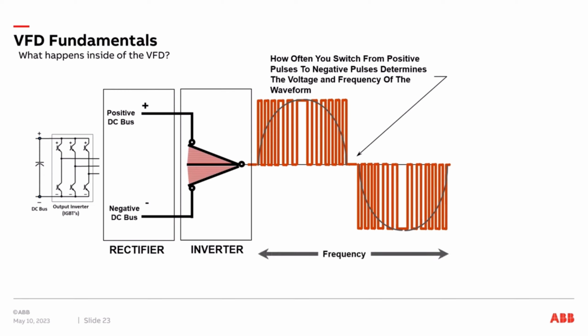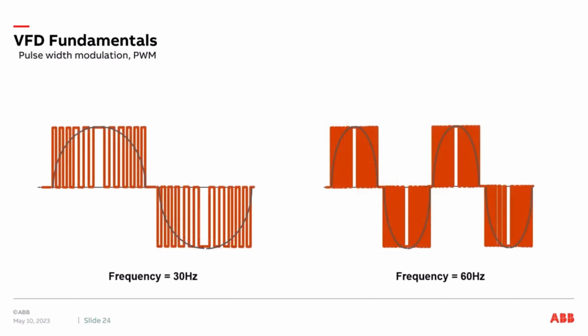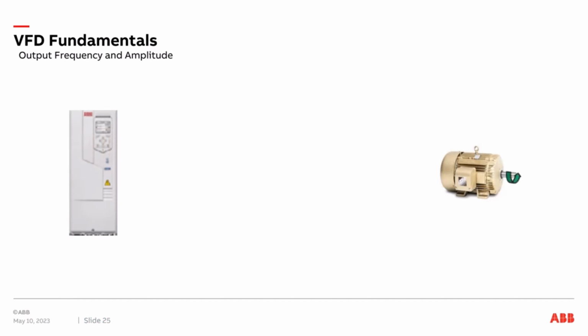So we have our frequency, which is based on the x-axis, and our voltage on the y-axis. Now a frequency of 30 Hz is half the frequency of 60 Hz. Remember, 60 Hz is 60 cycles per second, and 30 Hz is 30 cycles per second. When we look at a motor and a drive, the output frequency and the amplitude of the voltage are needed to control the motor speed.